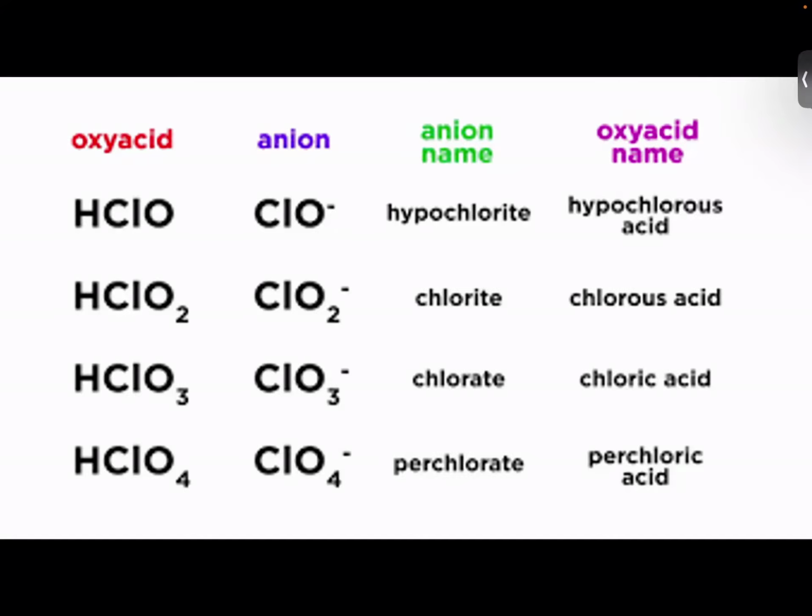When you add that hydrogen, because it ended in ITE, it becomes ous acid. So this is hypochlorous acid, HClO. In other words, with the oxyacids, all I'm doing is changing the ending of the polyatomic ion once I make it an acid.